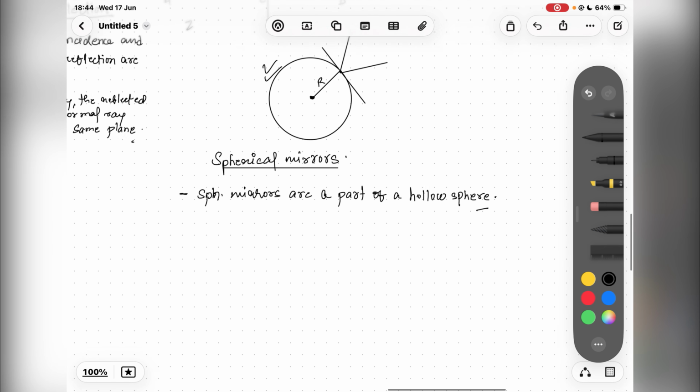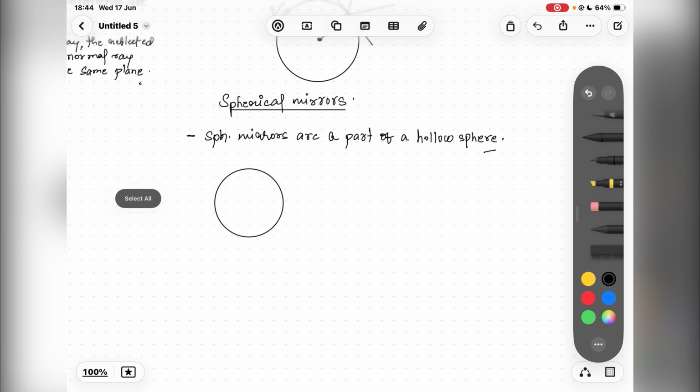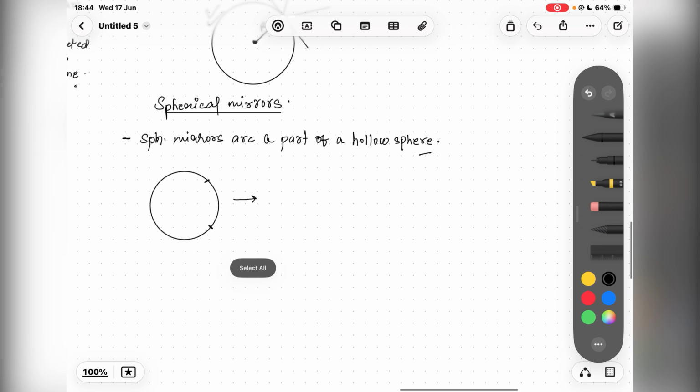So what happens is that we take a hollow sphere and take out a part of it, something like this, and we polish one side of it.